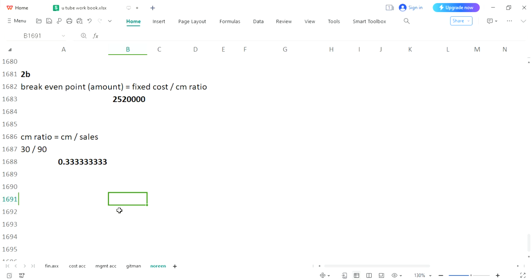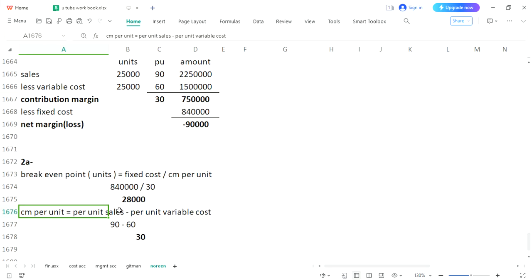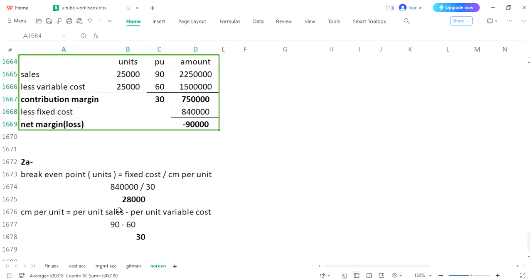There are several methods to calculate it, but we will use the hit and trial method, where we will put several different selling prices and numbers of units to get the profit.